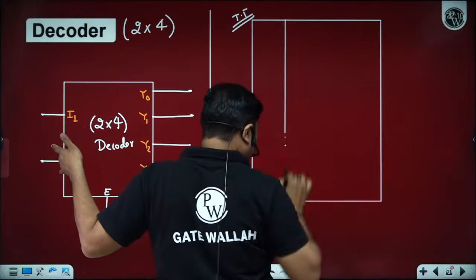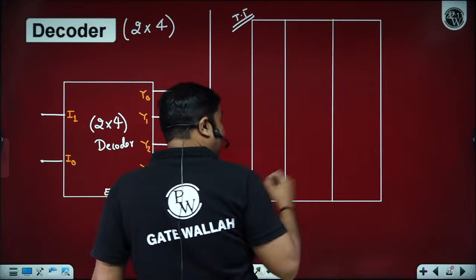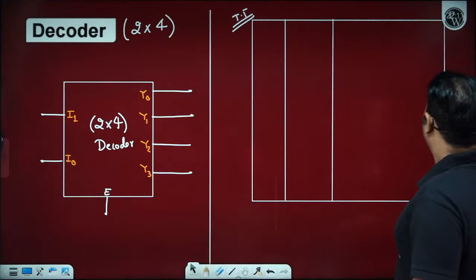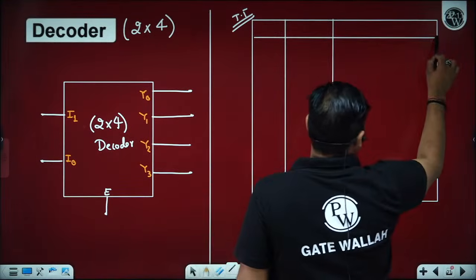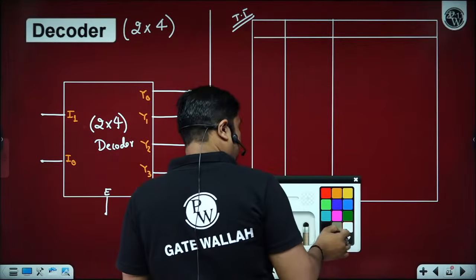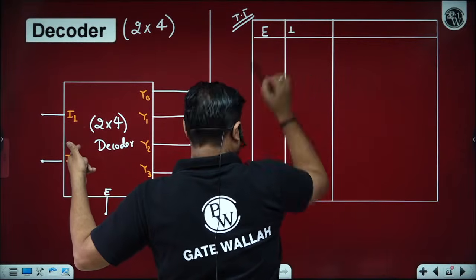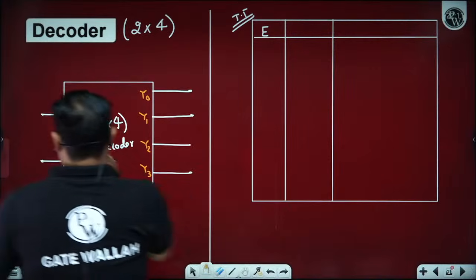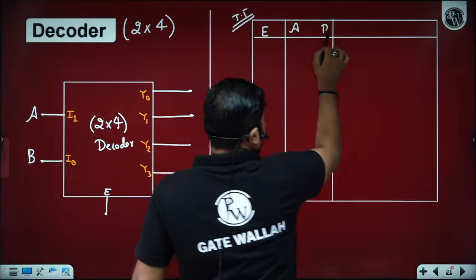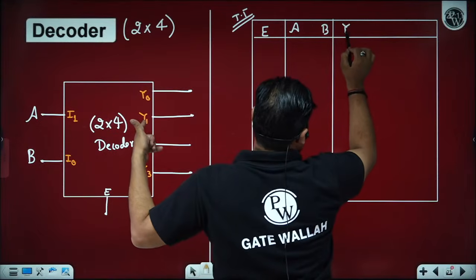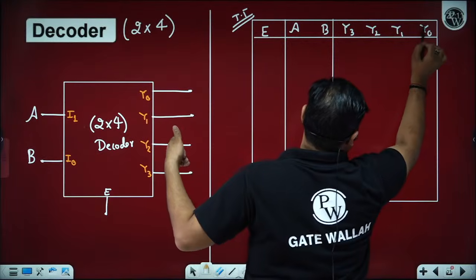So we have an enable input, I0, I1, and then we have the outputs Y0, Y1, Y2, Y3. Here the enable input E and the inputs can be represented as A and B, with output pins Y3, Y2, Y1, Y0.